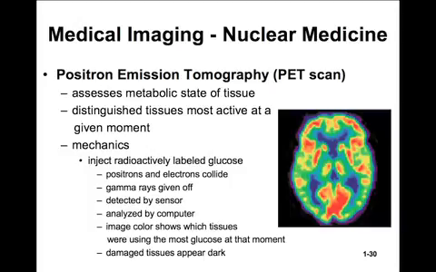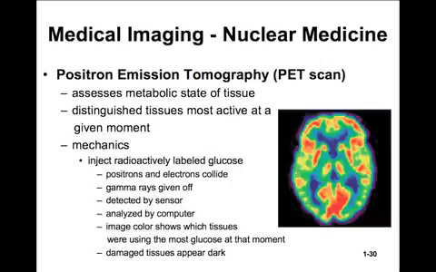PET scans are another technique, positron emission tomography. It assesses the metabolic state of tissue at any given moment. We inject radioactively labeled glucose. It's labeled with tritium, which is H3. And as the glucose is metabolized, these positrons collide with electrons and gamma rays are given off.